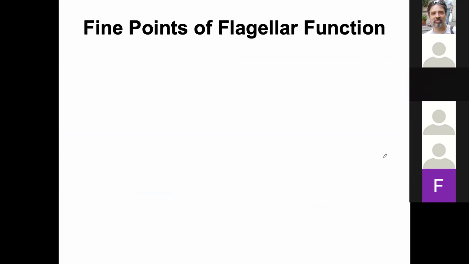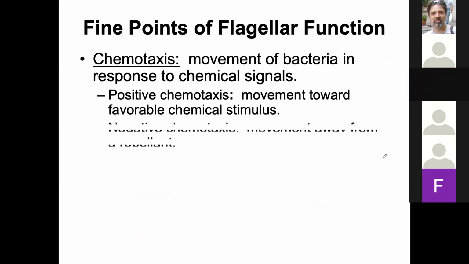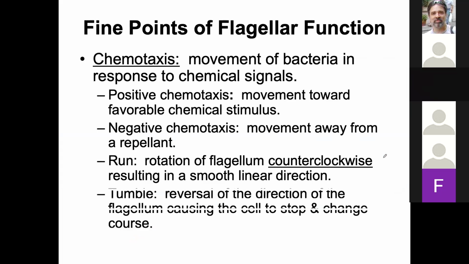How do they do this? They do this using something called chemotaxis, which is the ability to run away or towards a set of chemical conditions. In positive chemotaxis, you move towards a particular chemical gradient from least concentrated to most concentrated. In negative chemotaxis, you run away from it.